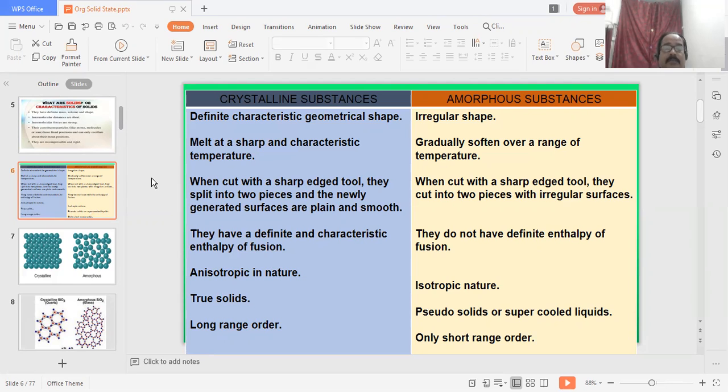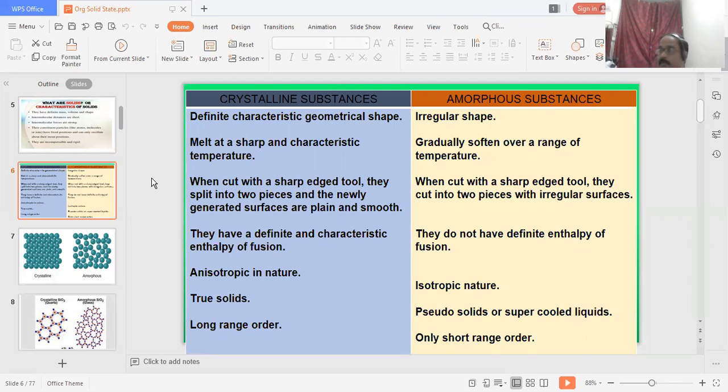Crystalline substances melt at a sharp and characteristic temperature, meaning they melt at a particular temperature, and non-crystalline substances gradually soften over a range of temperature. When crystalline solids are cut with a sharp edged tool, they split into two pieces, and the newly generated surfaces are plain and smooth.